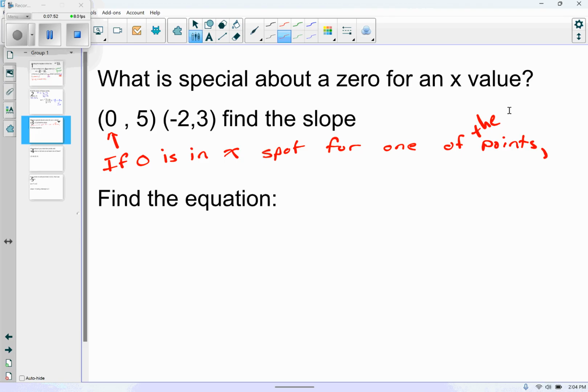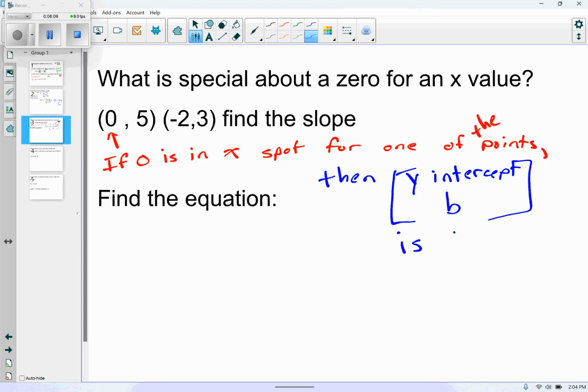But if 0 is in the X spot, then the y-intercept, which is sometimes called b, so these mean the same thing, is the y value.